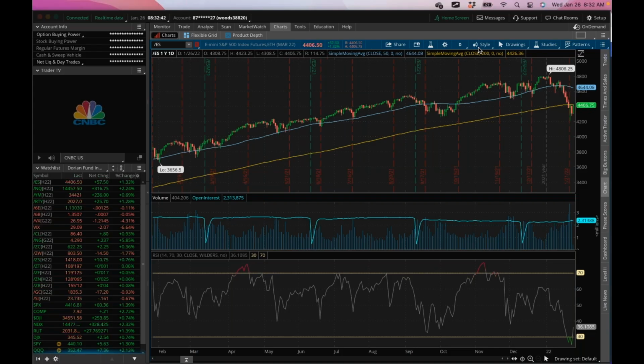Let's discuss some bearish type of trades you can do if you still feel like this market is going lower, right? Just because we're up today doesn't mean we're not going to be lower tomorrow or lower on Friday. So if you are feeling like February is going to be a down month as well, and maybe this year is going to be a down year, and you want to create some bearish type of trades, I'm going to give you a few ideas here.